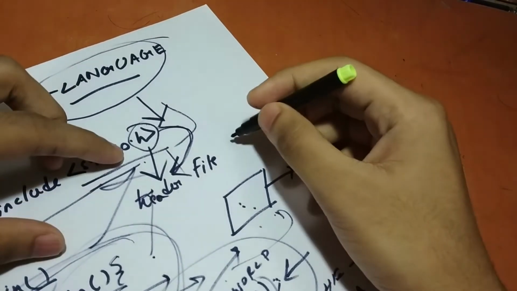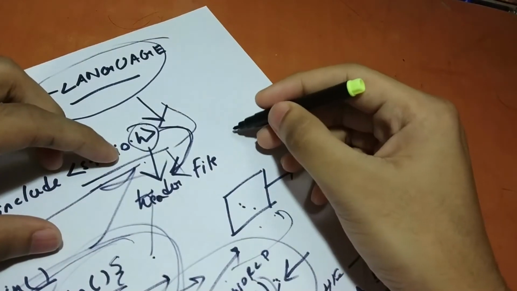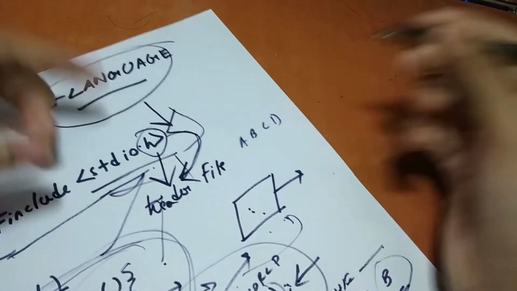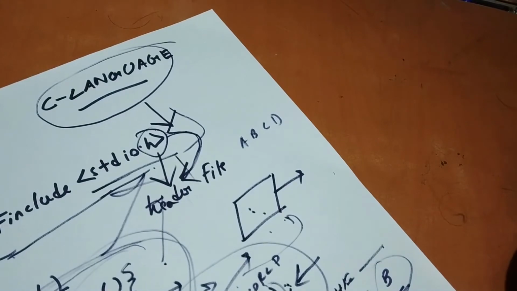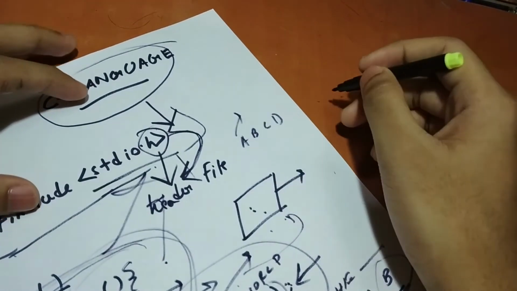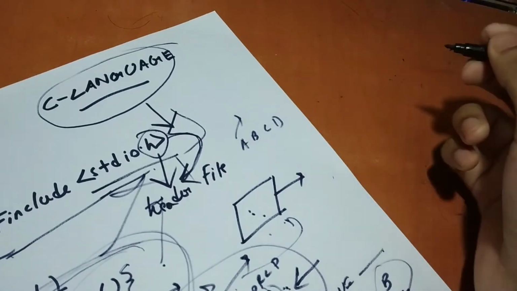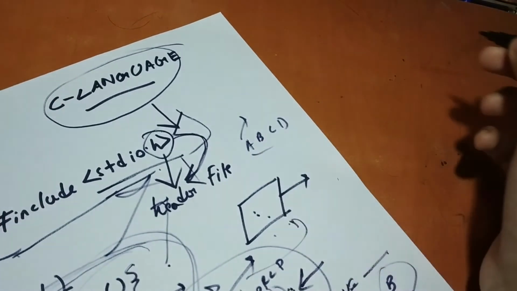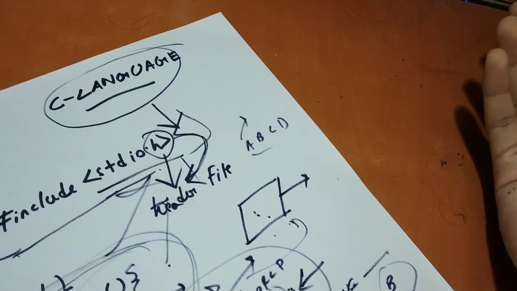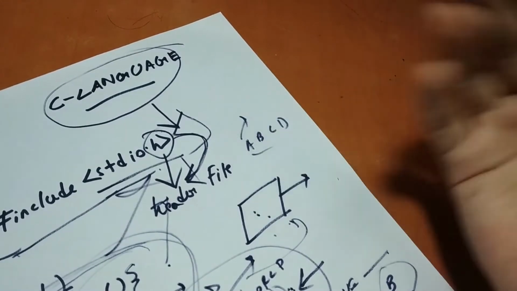Again, the values like A, B, C, D are characters, right? ABCD doesn't have any values. ABCD is not 5. So ABCD are English characters.